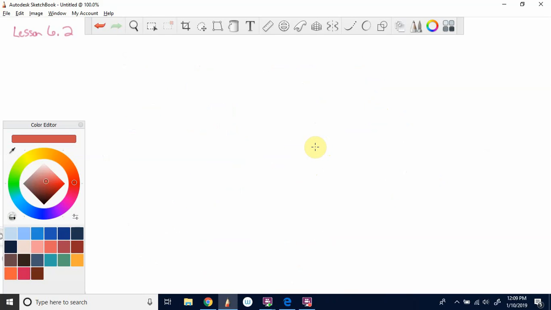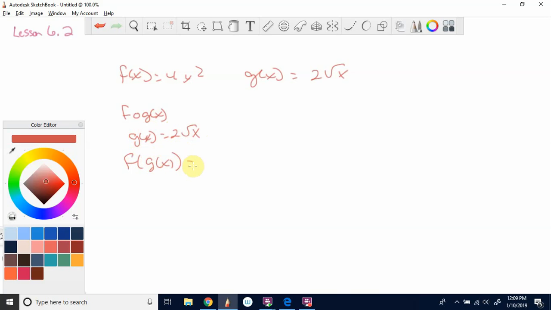So let's look at B. Determine if f of x equals 4x squared and g of x equals 2 square root of x are inverses of each other. So first I'm going to do FOG. I start with g of x, 2 square root of x, and I do f of g of x equals 4 times 2 square root of x, squared.